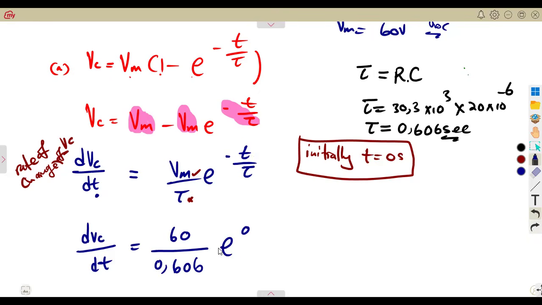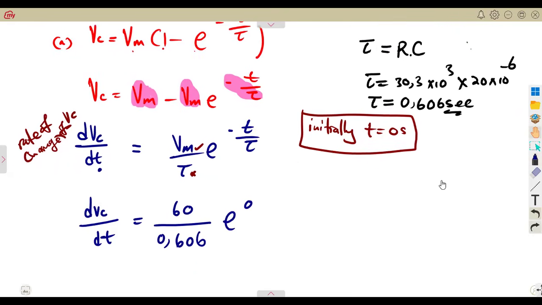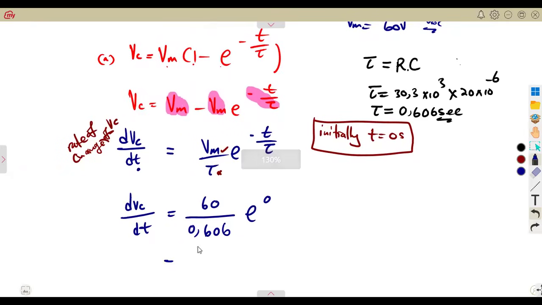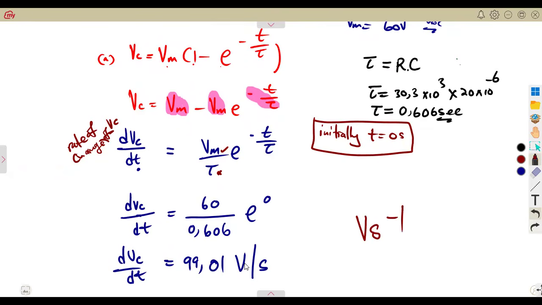So that's e to the exponent of 0, which is simply a 1. So 1 times this is going to give us 60 over 0.606, which is 99.01. That's voltage per unit time, so it's volt per second.